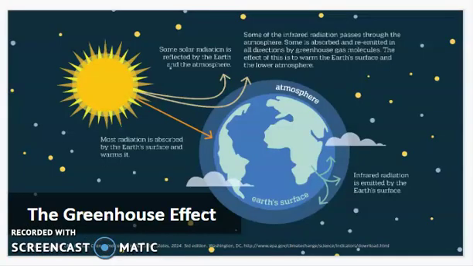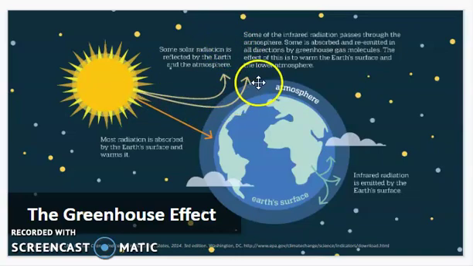So the greenhouse effect is something you've probably heard of quite a bit. Some of these words are a little bit hard to read, but I'll talk through all of it. So here's the basics. Most radiation is absorbed by the Earth's surface and warms it. So the sun shines and the Earth's surface absorbs that radiation or that heat. Some of the solar radiation is reflected by the Earth and the atmosphere.